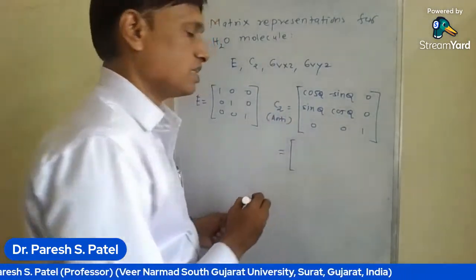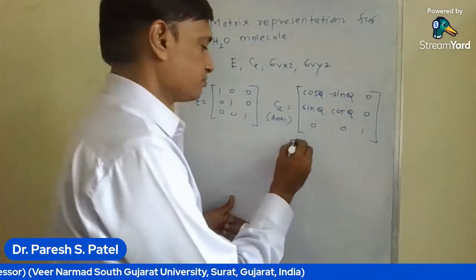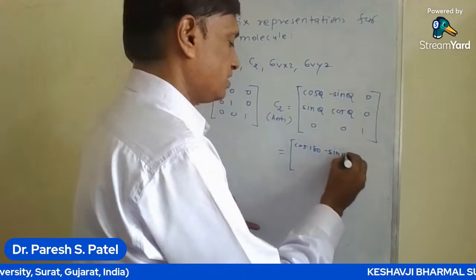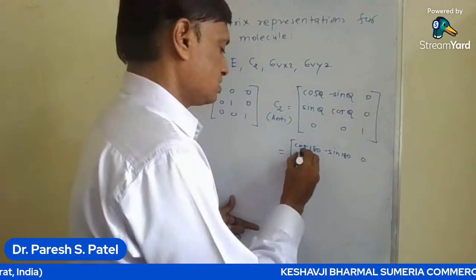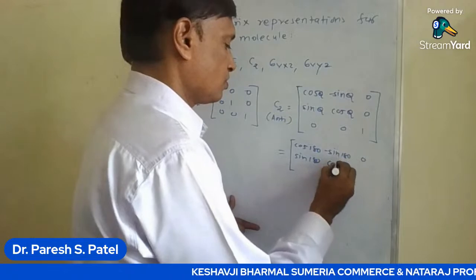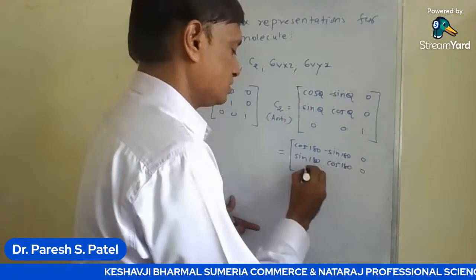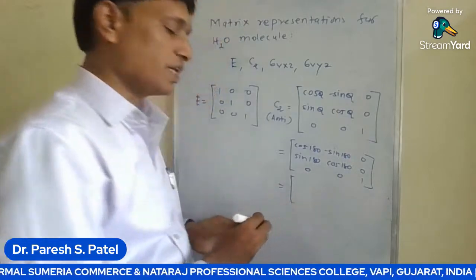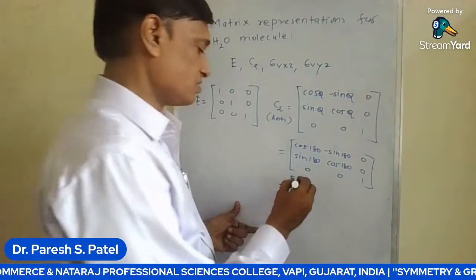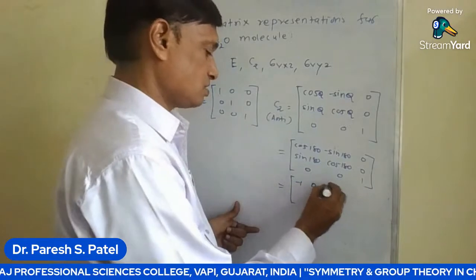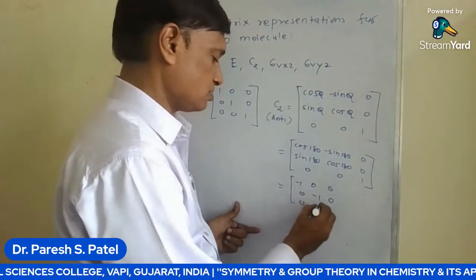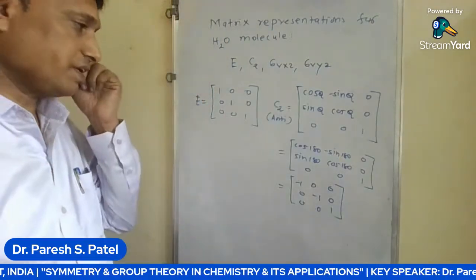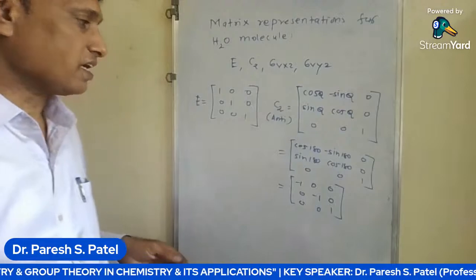If we put the value theta equal to 180, we get cos 180, minus sine 180, 0; sine 180, cos 180, 0; 0, 0, 1. We know that the value of cos 180 is minus 1, so this equals minus 1 0 0, 0 minus 1 0, 0 0 1. This is the matrix representation for C2 if we take the equation for anti-clockwise.